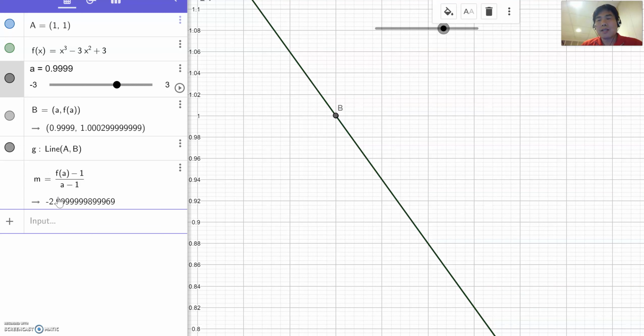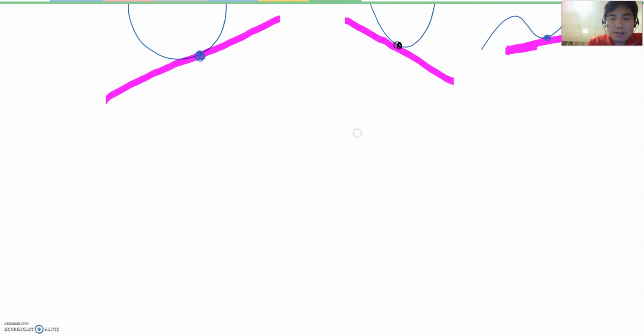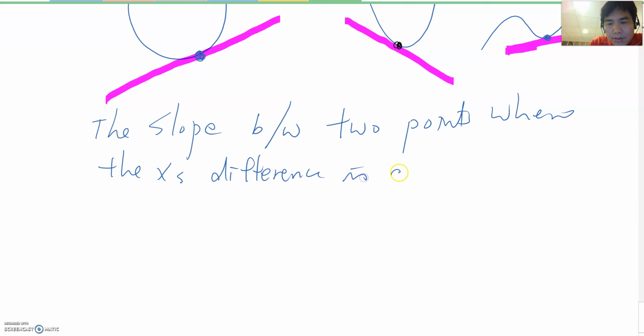That's the reason the tangent line slope has to be defined as a limit, because we need 2 points. I want to redefine what tangent line means. The tangent line slope is still the slope between 2 points where the x difference is almost 0.